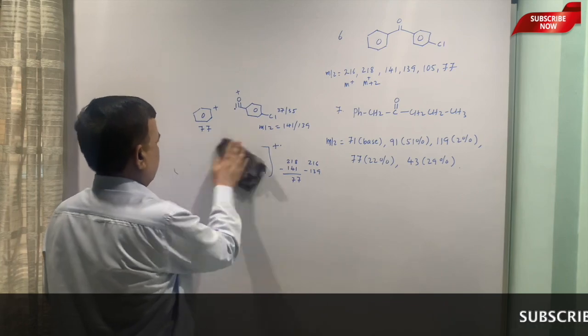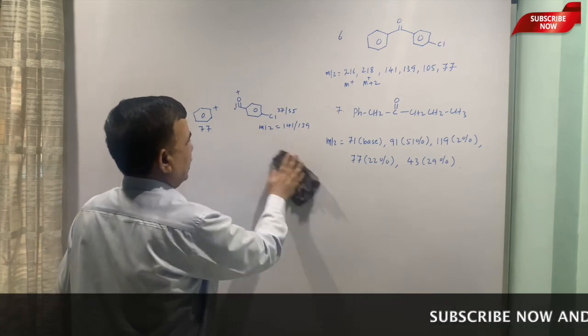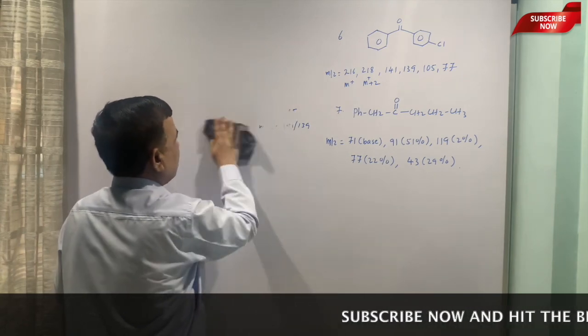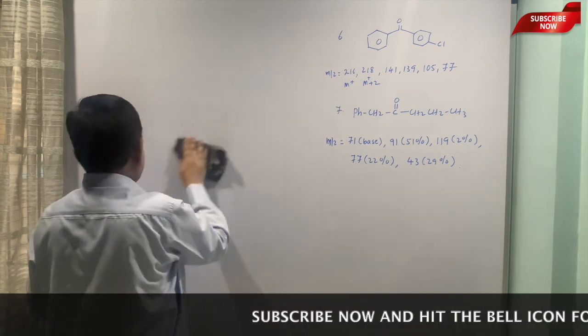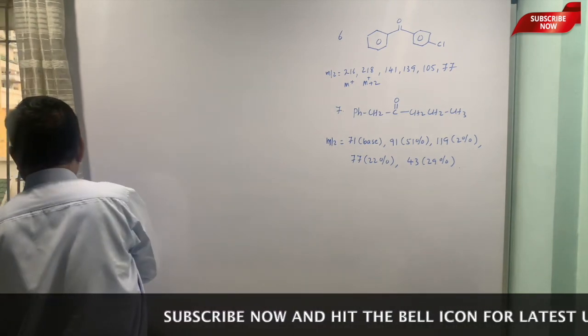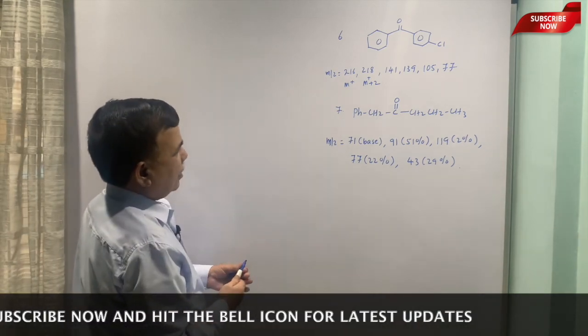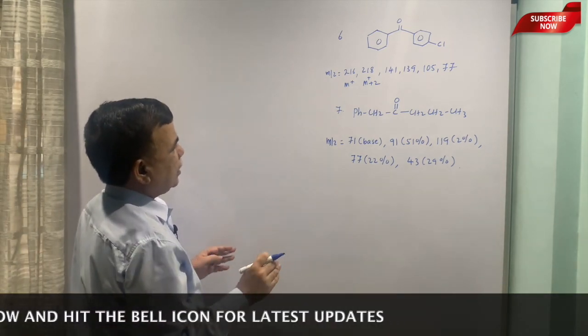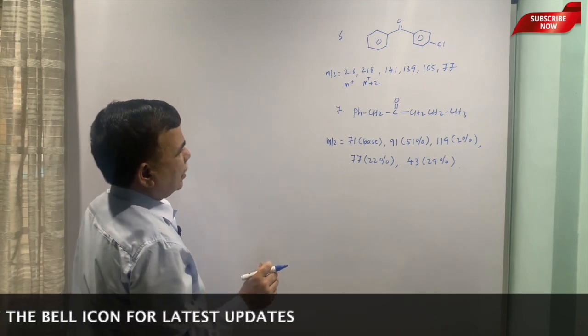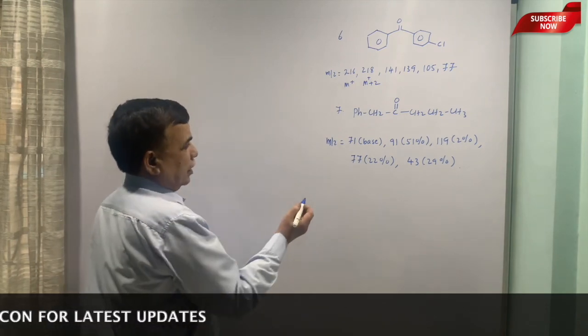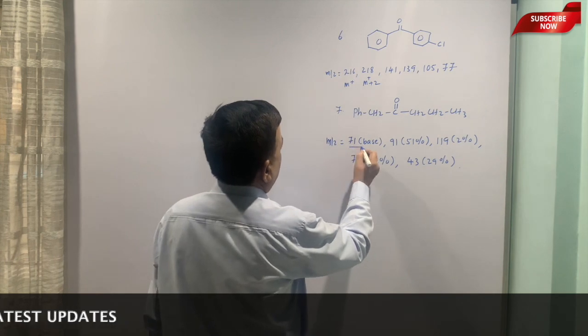The ratio of 216 to 218, 216 will be 3, 218 would be 1, depending upon the natural abundance of the chlorine isotopes. And the next compound is the benzylic ketone once again, and the base peak is 71.